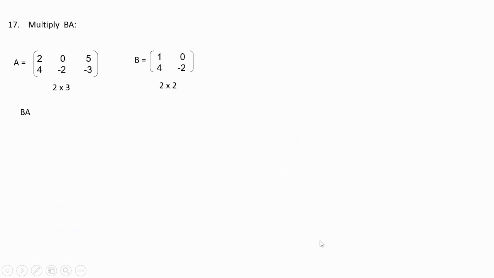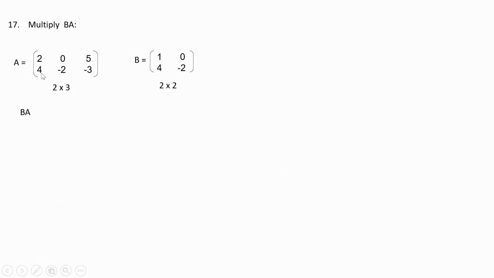Okay, now we're going to multiply matrix B times A. When you do multiplication, the matrices must be in a specific order, which means the numbers in the middle must match. You have to get the size of the matrix, then the numbers in the middle must match.